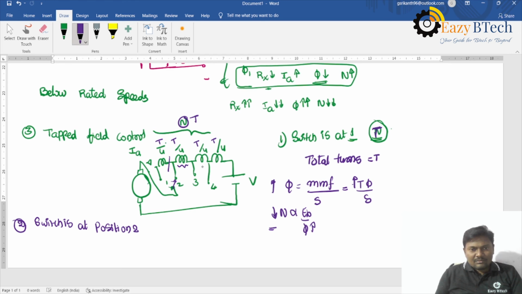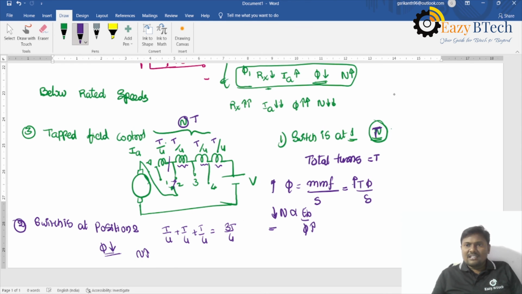The total number of turns included is T by 4 plus T by 4 plus T by 4, that is equal to 3T divided by 4. Then the flux will decrease, because the number of turns decreases, and speed will increase.